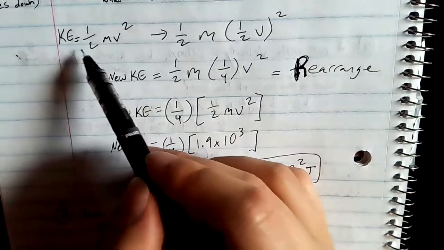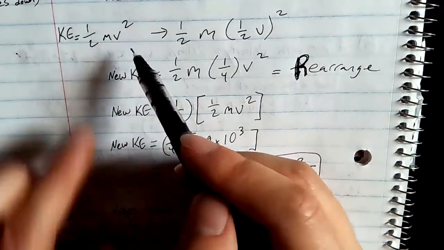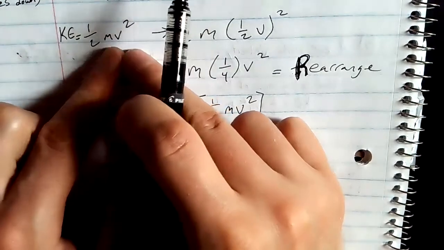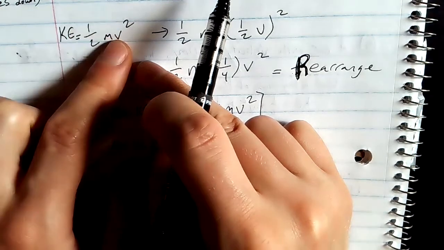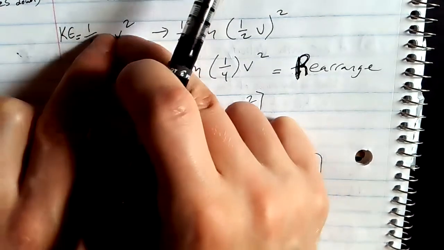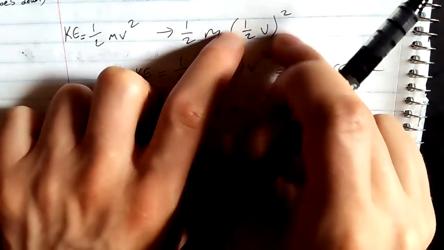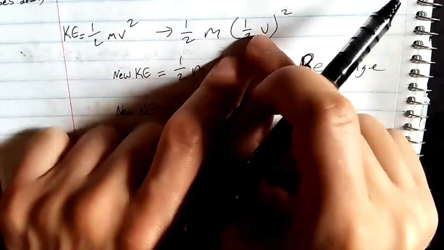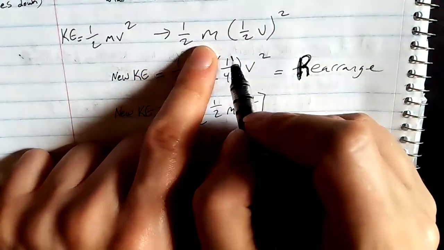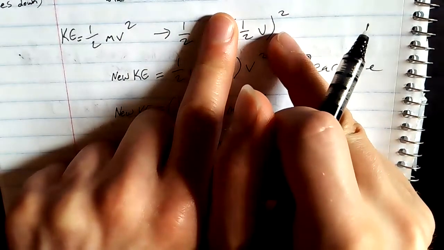If the equation is 1/2 times mass times velocity squared, we can put 1/2 V into this equation. So that's all I'm doing. You see this V, I just make a little parentheses and put in 1/2 times V. 1/2 times the mass times 1/2 V squared.